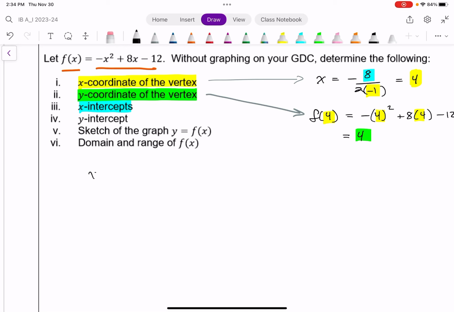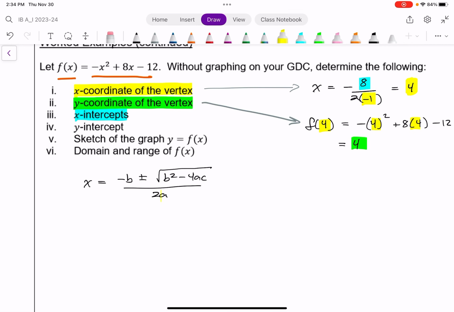And so in this case, we'll remember the quadratic formula is minus b plus or minus the square root of b squared minus 4ac all over 2a, where again, a is the coefficient of x squared, in this case negative 1, b is the coefficient of the x term, and c is the coefficient of our constant.